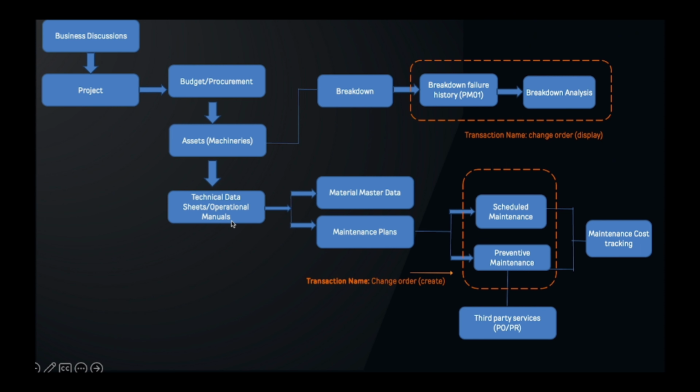Then we have additional task lists. The reason why the OEM, the original equipment manufacturer, includes a task list is so that they can recommend a maintenance style for their machineries. Of course, they have no idea how our processes run.